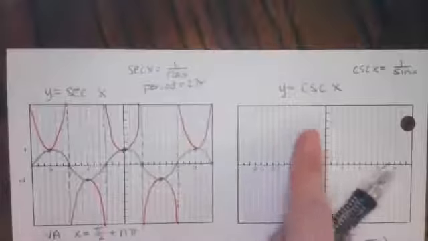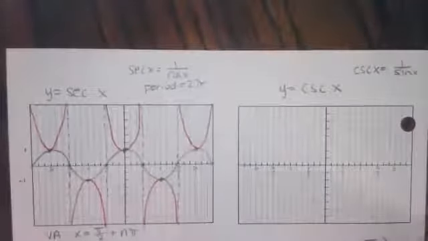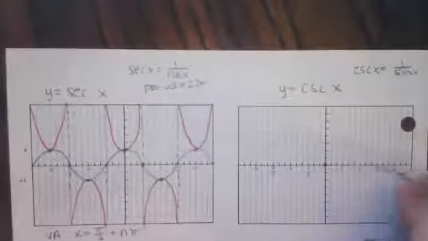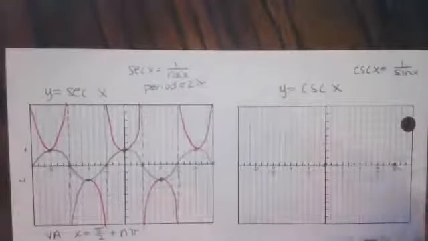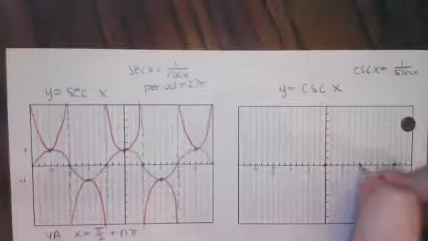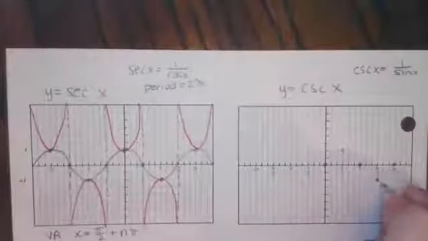For our cosecant graph, we said that's 1 over sine, so it's beneficial to graph our sine graph. So we start with that, and our sine graph started at 0, 0. It had a period of 2 pi, so it would be back at 0 there. Dead in the center, it's going to be at 0, and it goes up 1 and then down 1.